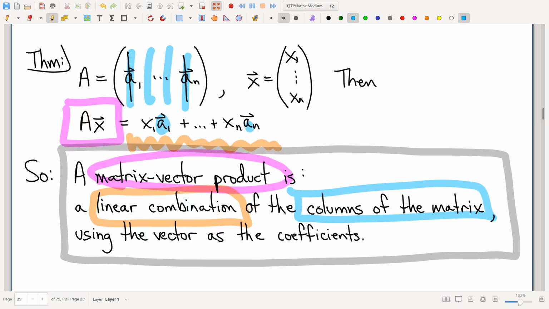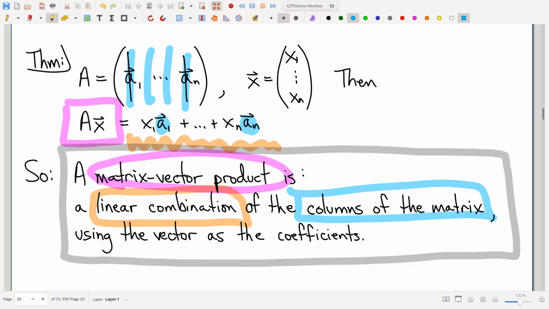Isn't that weird? Right? Don't think of the matrix vector product as something that you compute by a certain arithmetic that comes from a formula. A matrix vector product is a linear combination of the columns. That was a shocker for me when I first saw this.